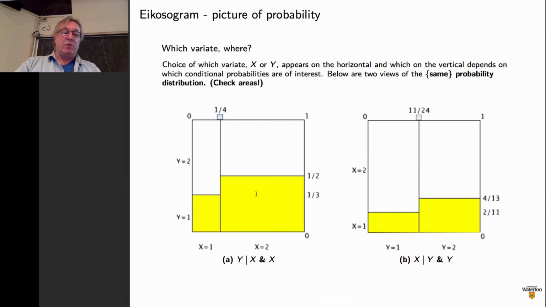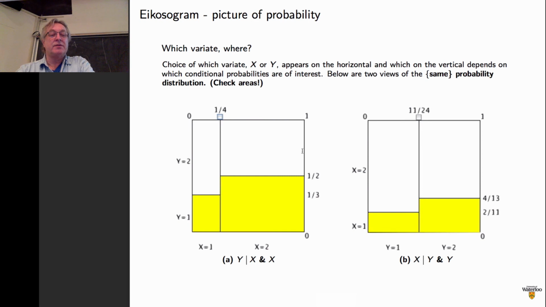And if you check, that's going to be 1/3 times 1/4 and 2/11. So what was that? 1/3 times 1/4 was 1/12, right? And we got 2/11 is that height there, times the width, 11/24 is 2/24 or 1/12. So those are the same areas.